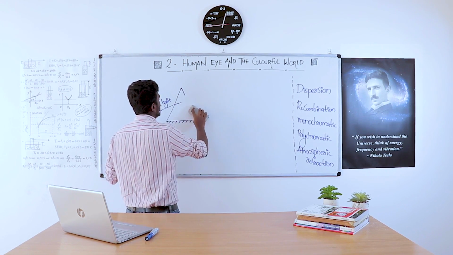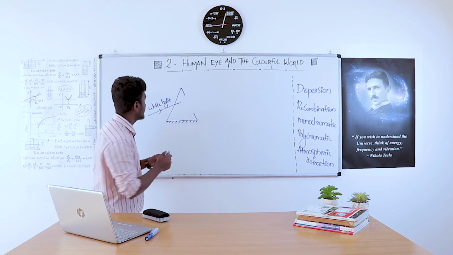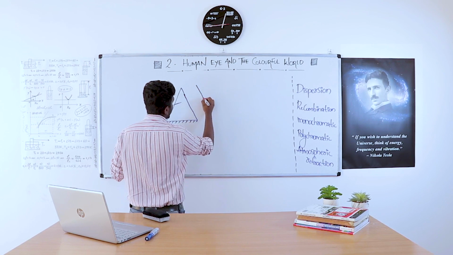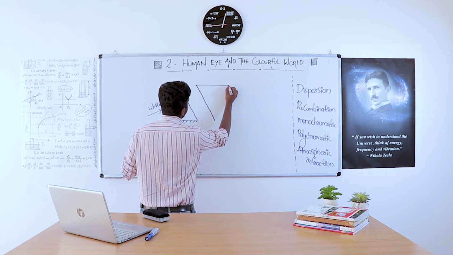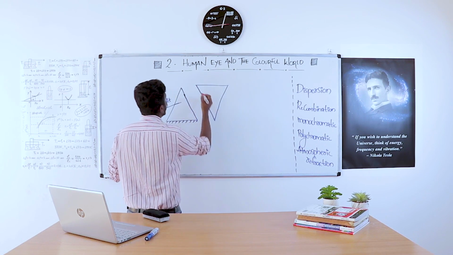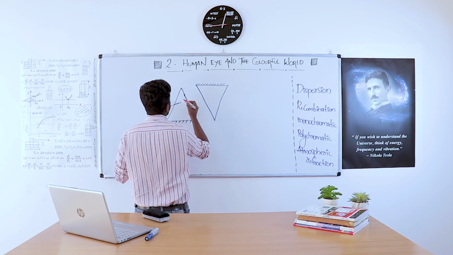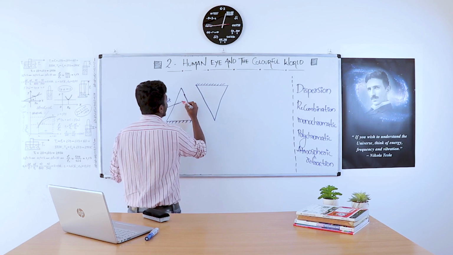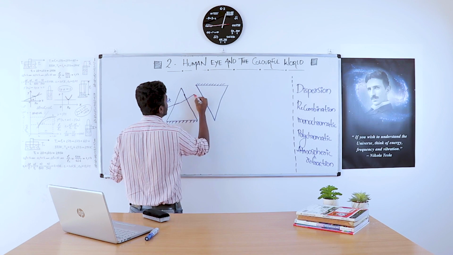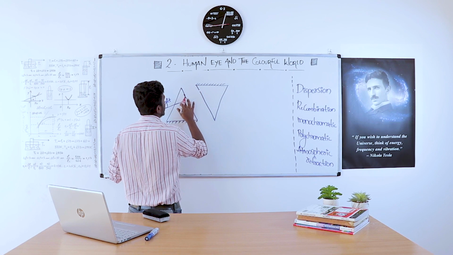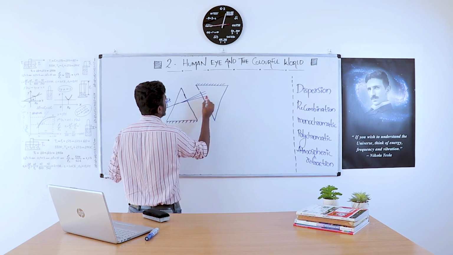So when the same white light is passed through a prism, I am placing an inverted prism next to the prism in which dispersion happens. So what happens in the first prism? In the first prism, dispersion happens and 7 colors come out of the prism.